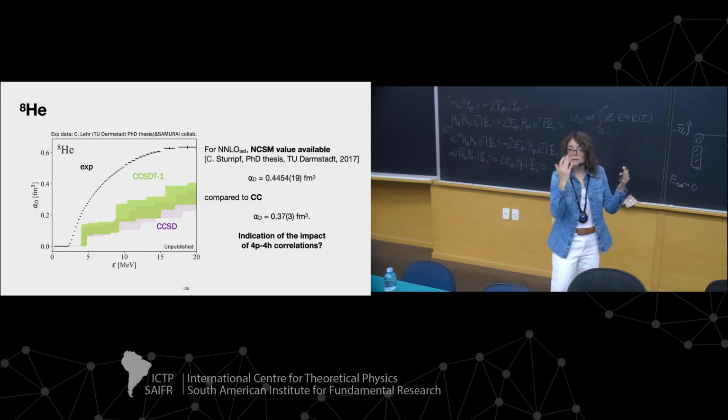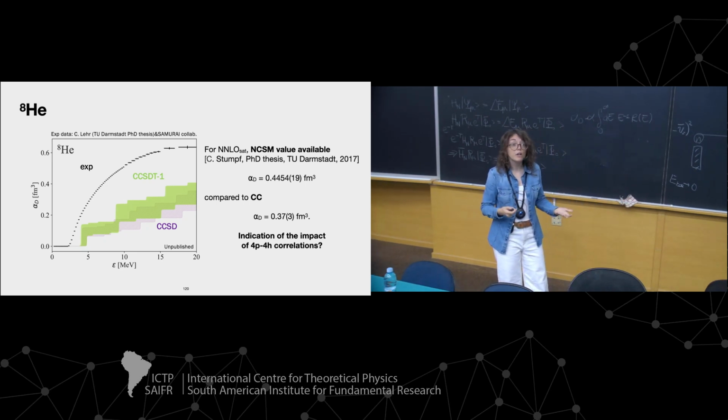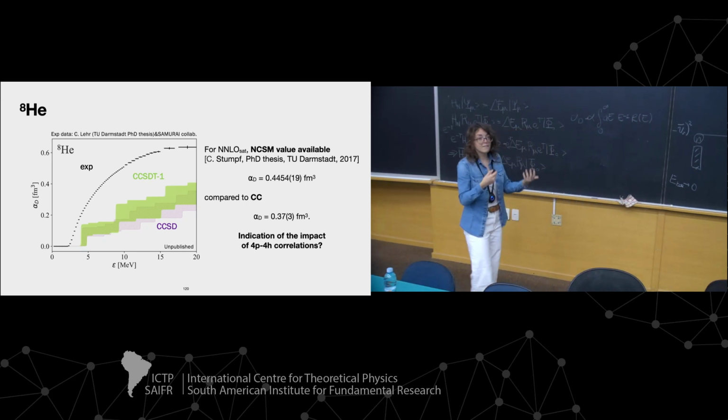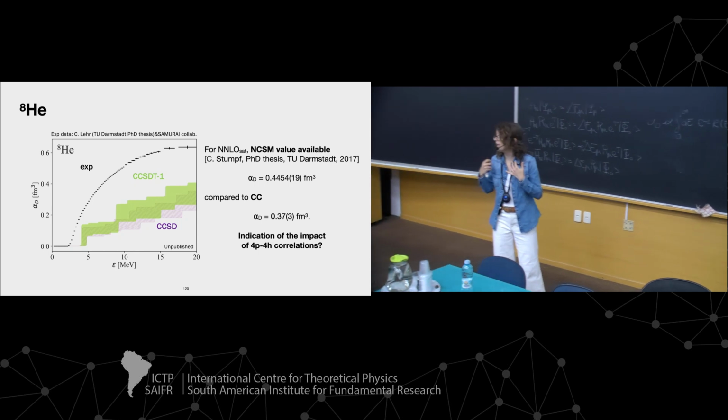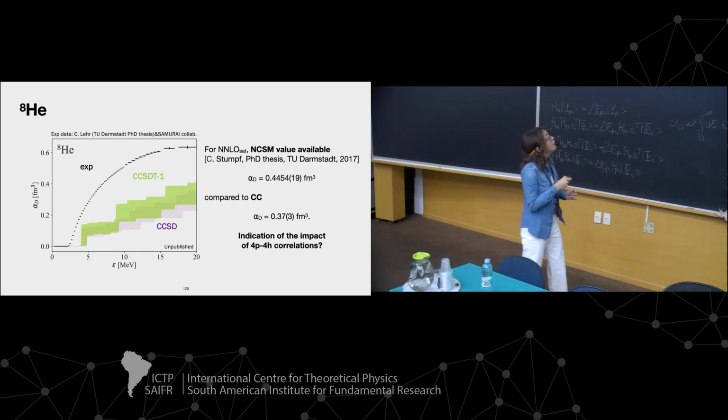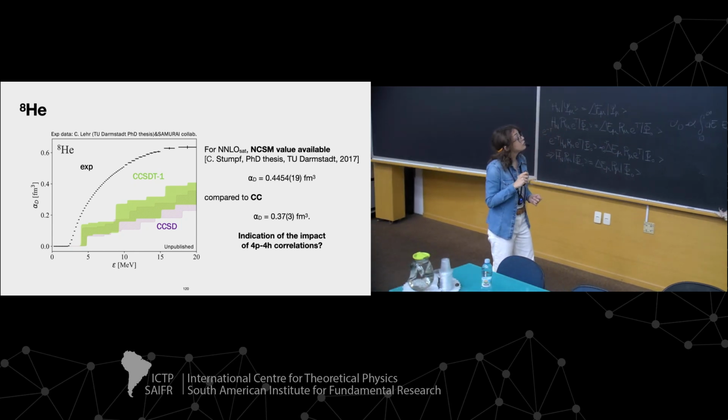They also have some uncertainty given by convergence, but still they have in their framework more correlations than we have. With one interaction, I think NNLO SAT, they get the value 0.44, compared to coupled cluster, which is 0.37.